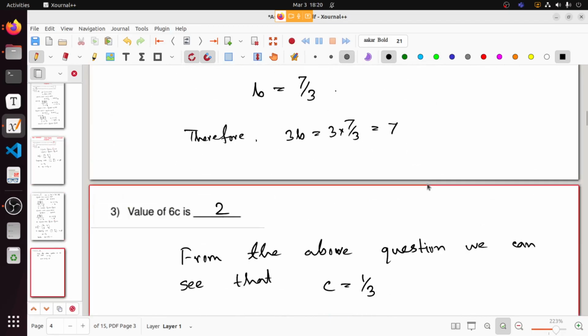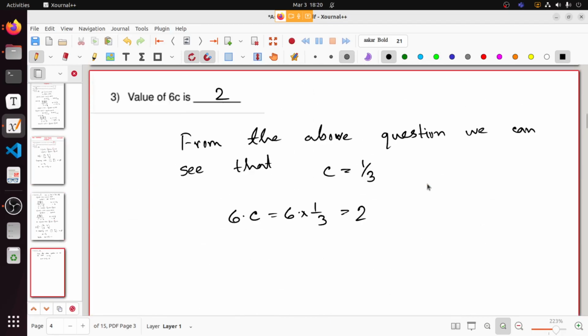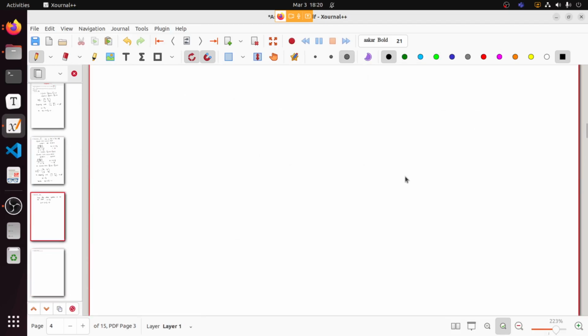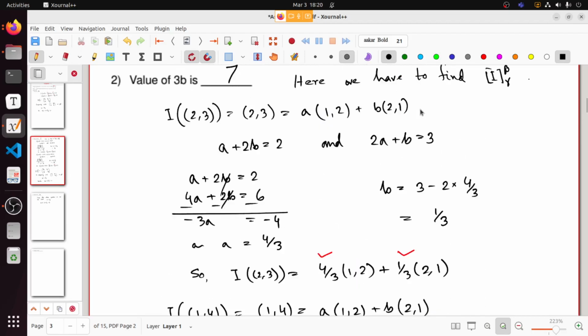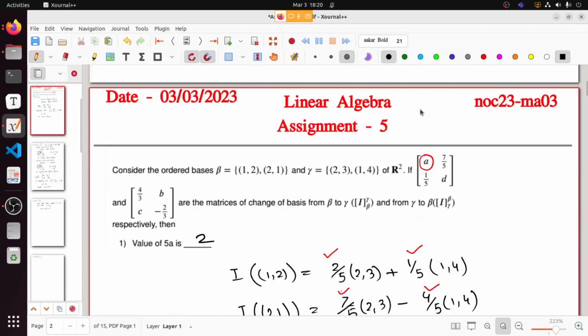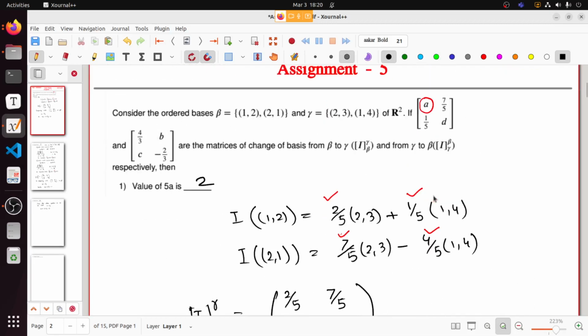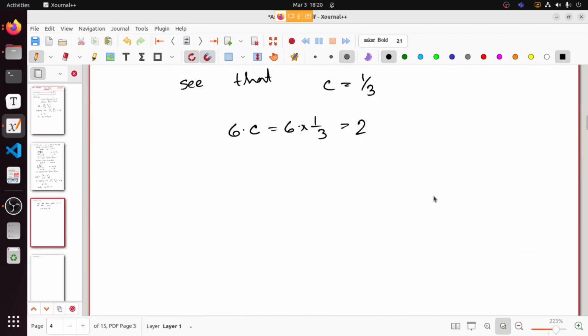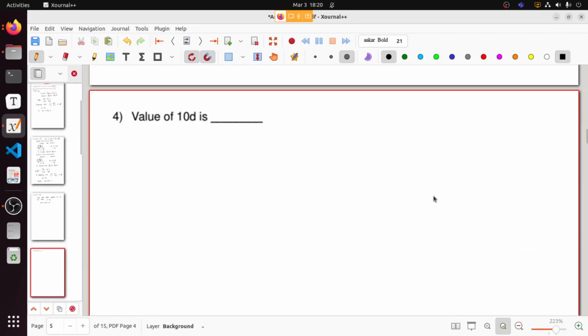Okay, so this is done. And the next one, you have to find the value of 10d. You will find this from the first matrix, because d is in the first matrix. So d will be minus 2 by 3 from the first question.